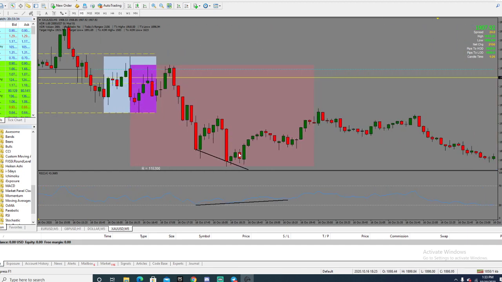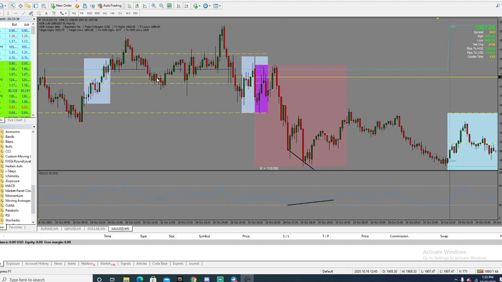Anytime I look at divergence, I'm only taking these trades when I see that price has made a big move in that direction. This is the video for gold too, but let's just talk about divergence, which is the only strategy that I trade on gold.